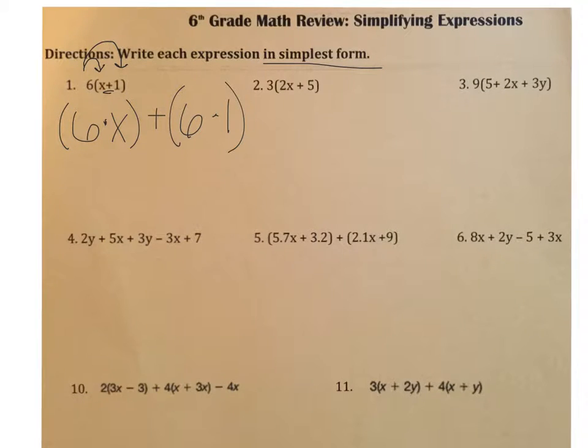And think of the 6 as kind of like a mailman. So 6 delivers mail to x, and 6 delivers mail to 1. So you have to make sure that you put 6 with both of the terms inside of the parentheses. All right, so always ask yourself, can you multiply?